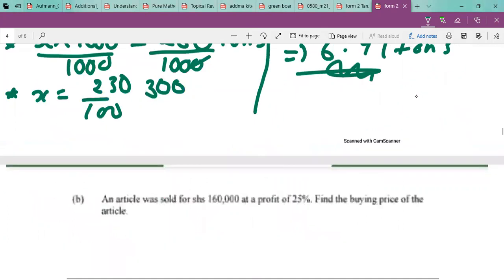Then we go to B. All right, we go to B. That is question 3B.